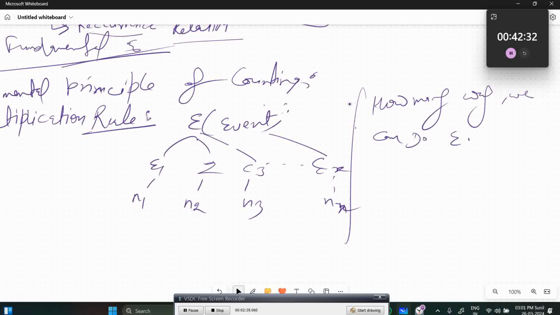The answer is n1 times n2 times n3 and so on up to nx. This is the principle of the multiplication rule.